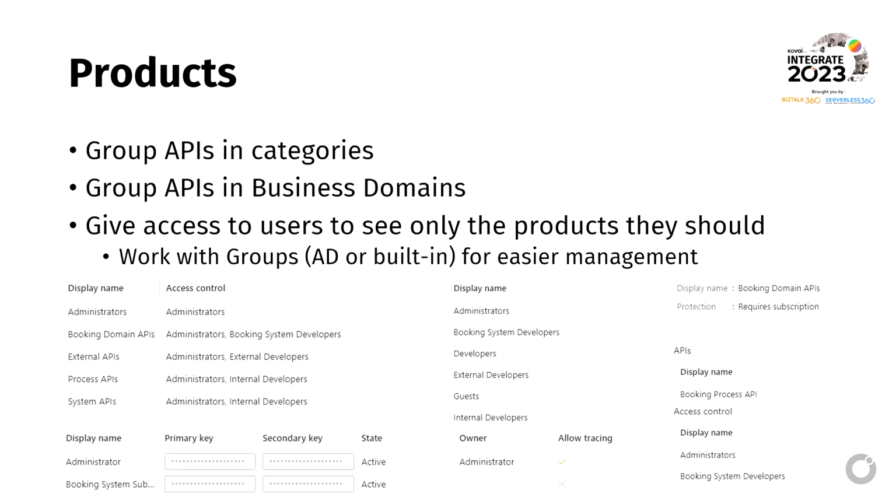So I have everything that I need for my booking process, and that's what the developer is going to have access to. So I can do this type of definition. I'm trying to show here exactly that: the booking domain APIs, external APIs, process, and system APIs. Okay?